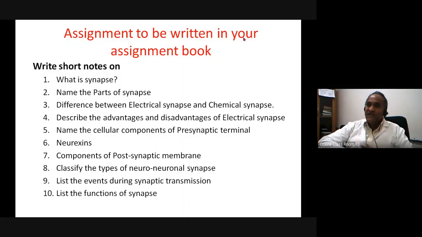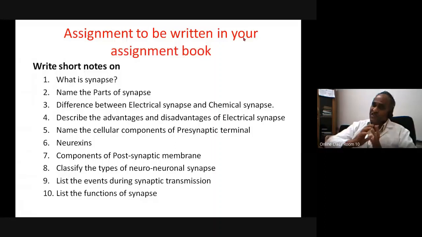Define synapse, or what is a synapse; name the parts of the synapse; write the differences between an electrical synapse and a chemical synapse; describe the advantages and disadvantages of an electrical synapse; name the cellular components of the presynaptic terminal; what are neurotoxins and their functions; components of the postsynaptic membrane; classify the types of neuronal synapse; list the events happening during synaptic transmission; and list the functions of the synapse.